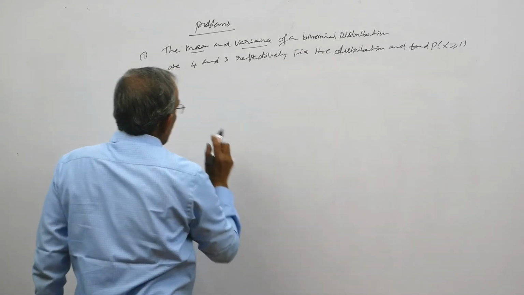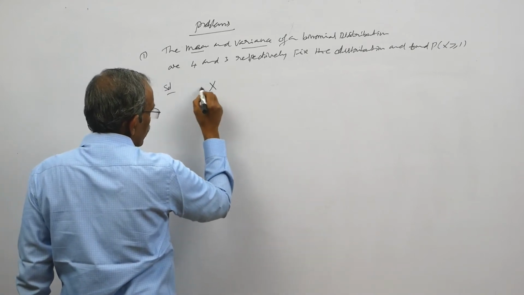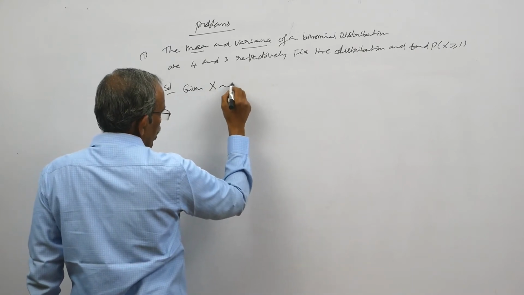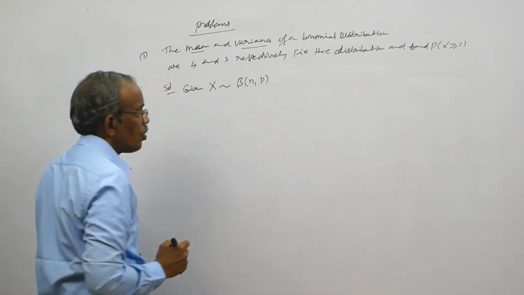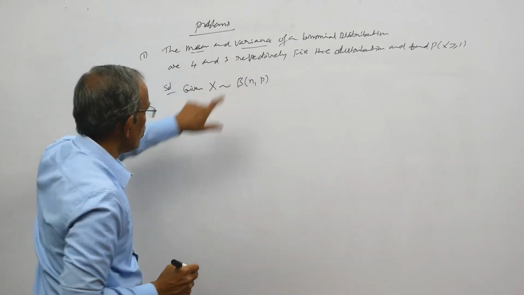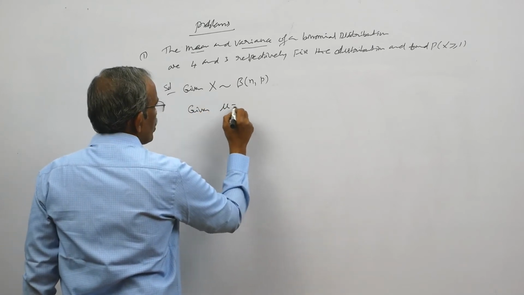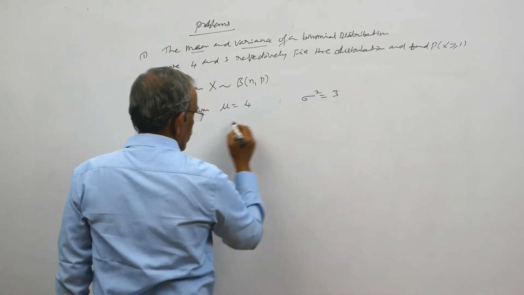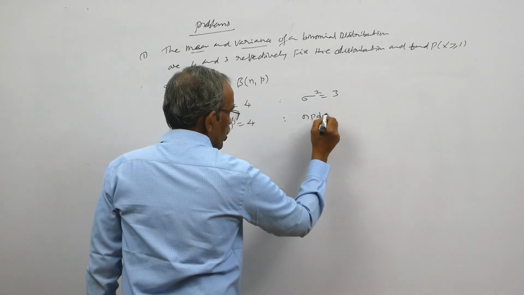This is the binomial distribution, where the random variable x follows the binomial distribution with parameters n, p. Here, given that the mean is equal to 4 and the variance is equal to 3: mu is equal to np is equal to 4, sigma square is equal to npq is equal to 3.